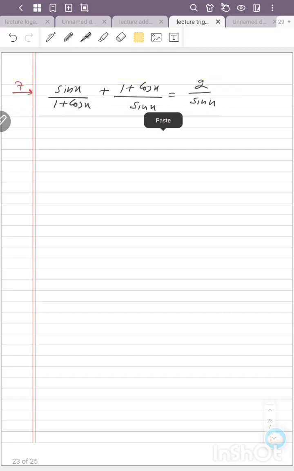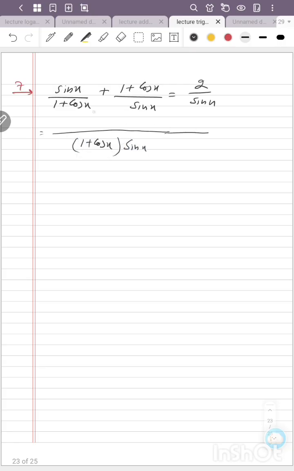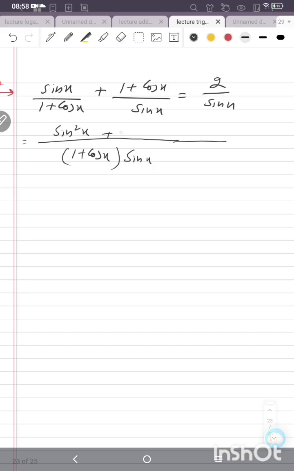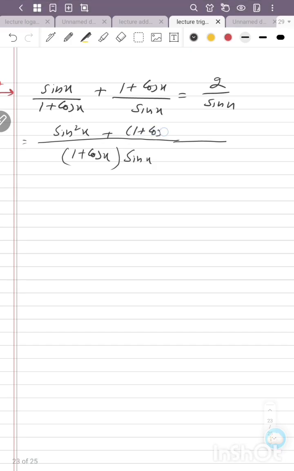Okay, now how to solve this one? First of all, we take the LCM on the left hand side: 1 plus cos x times sin x. Sin x times sin x will be sin square x, and the other numerator is 1 plus cos x squared. Now sin square x plus 1 square plus cos square x plus 2 cos x.